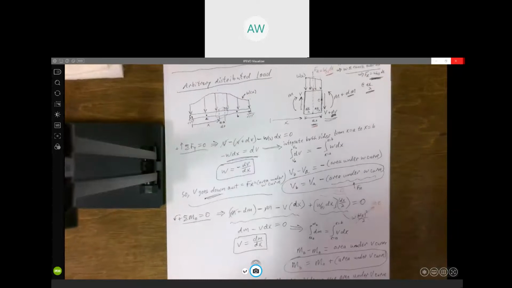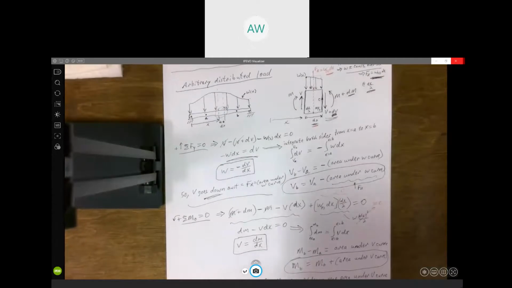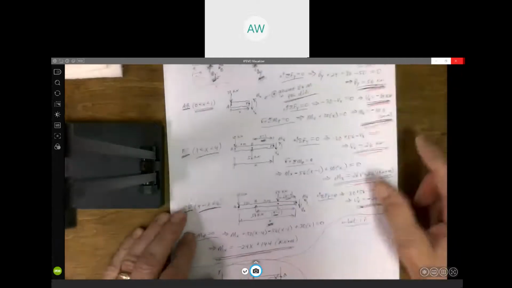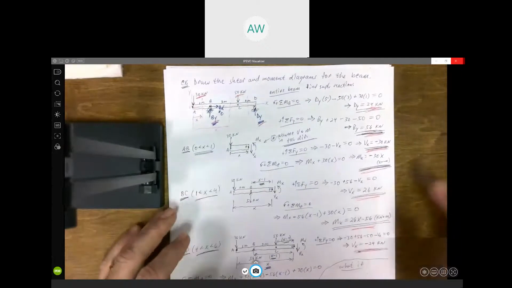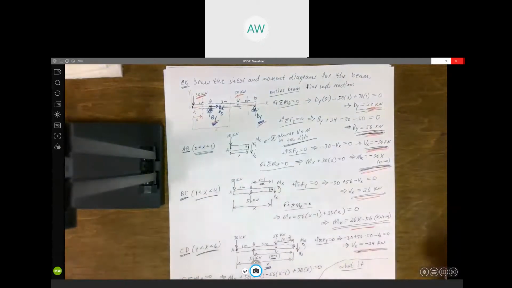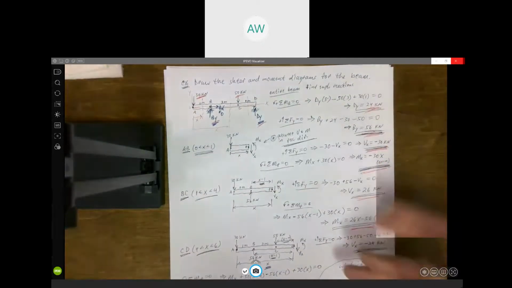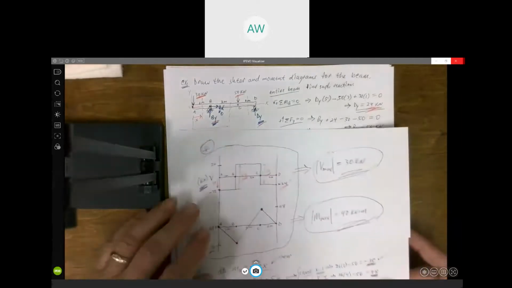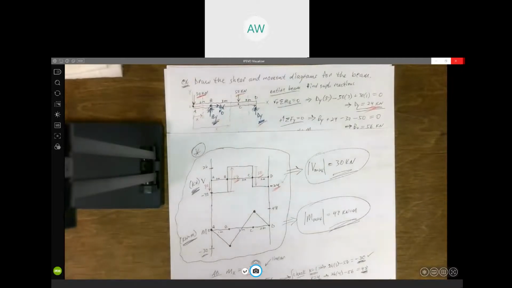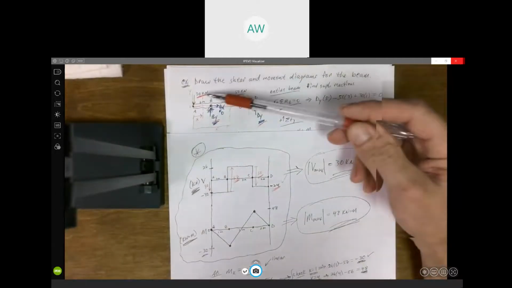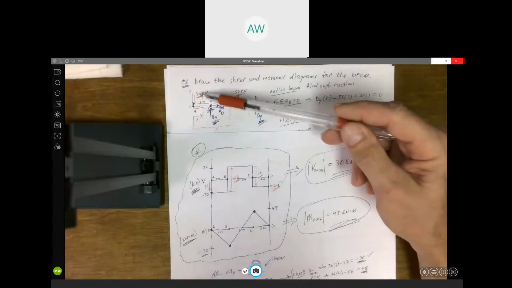So I found that same picture again. And so we had this beam with those loads on there. And we went through and we calculated those equations. But I pointed out the other day, we got this concentrated force of 30 kilonewtons.